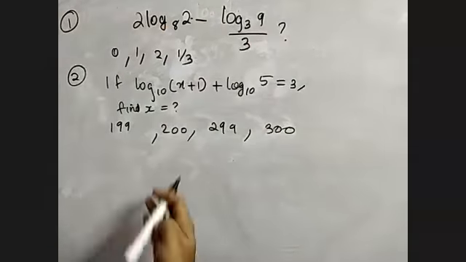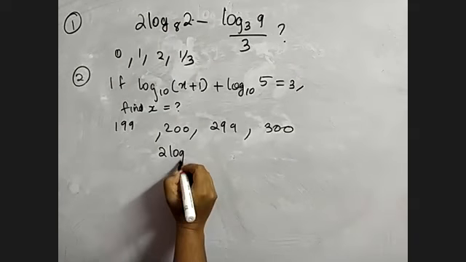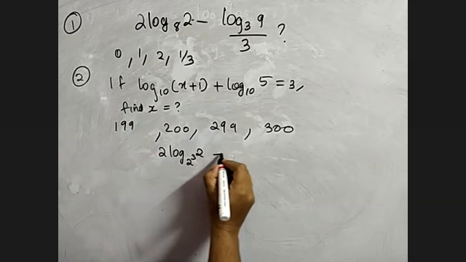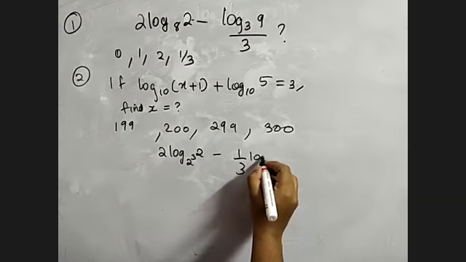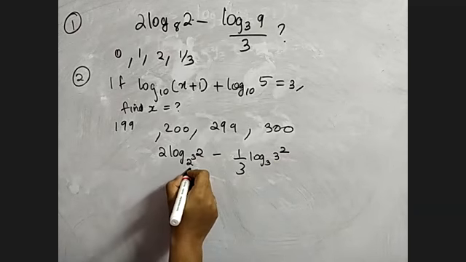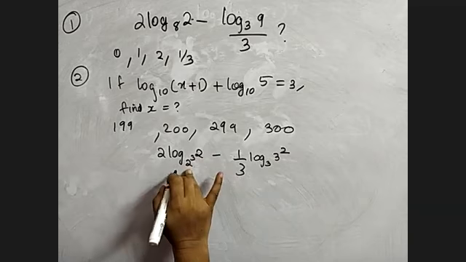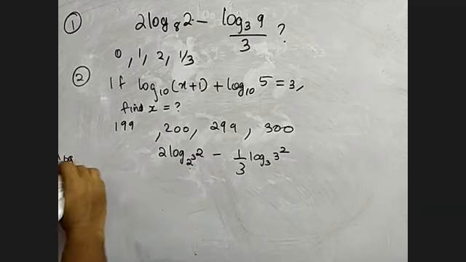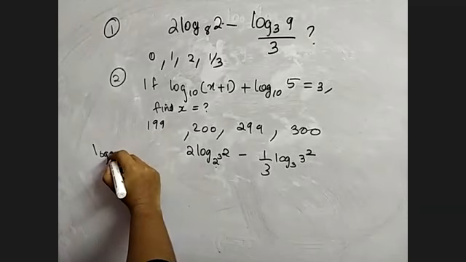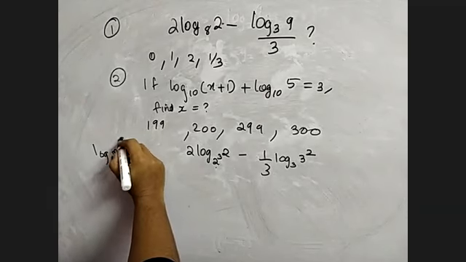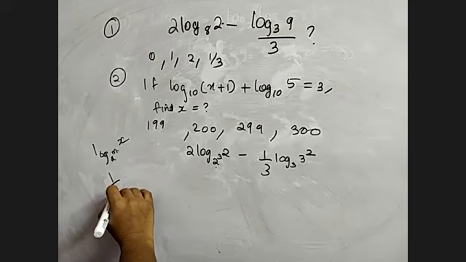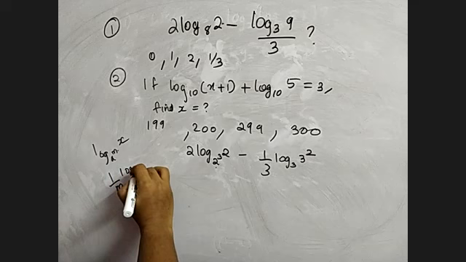Okay, see the first question. 2 log to the base 8, this I can write as 2 cubed, of 2, minus here I can write 1 by 3 log to the base 3 of 3 squared. So on applying the property, what is this property? Log to the base a raised to m of x means I can write 1 by m log to the base a of x.